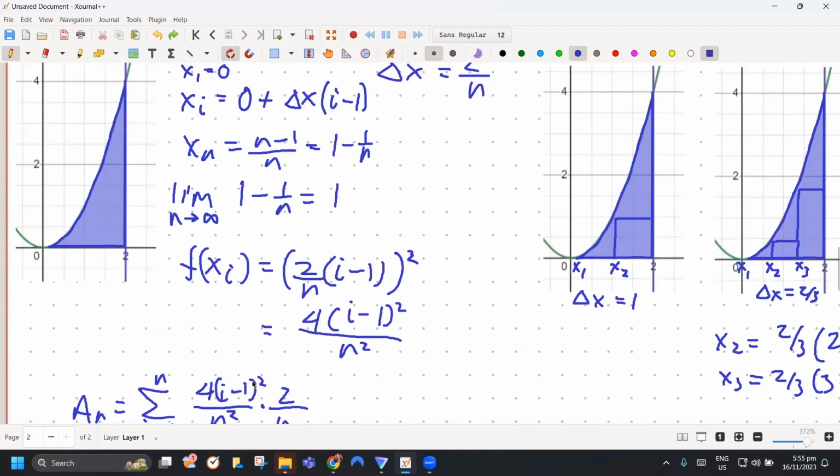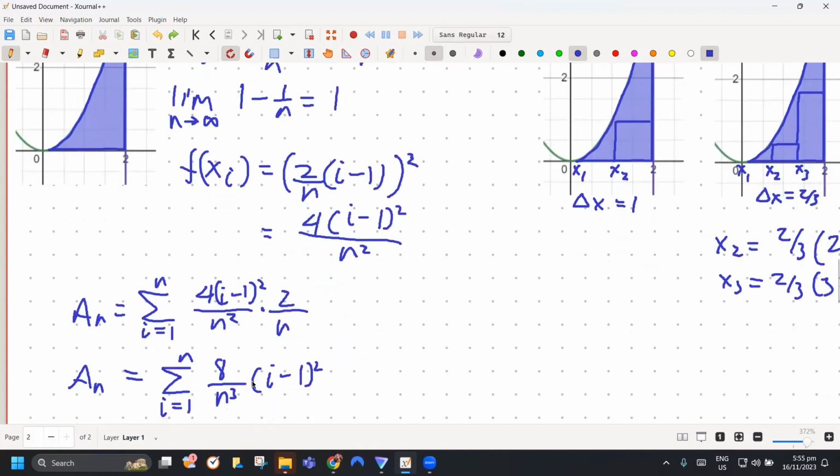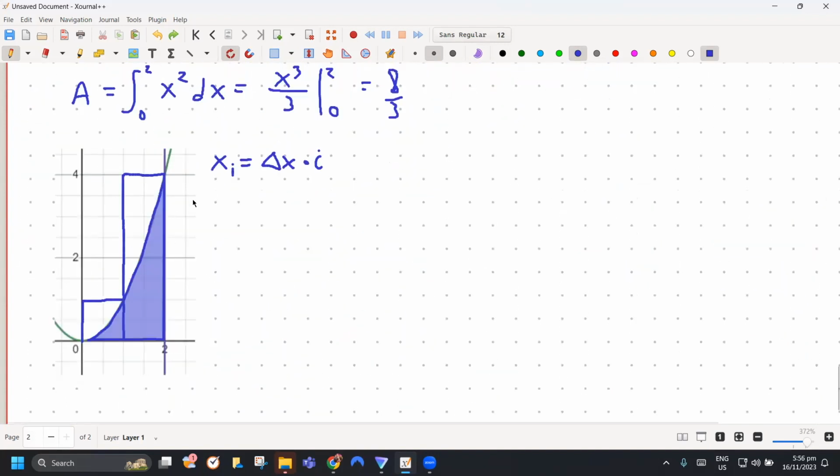Ayun, so, f of x i. Delta x pa rin is still equal to 2 over n. So, 2 and i squared. Wow, that's so simple actually.